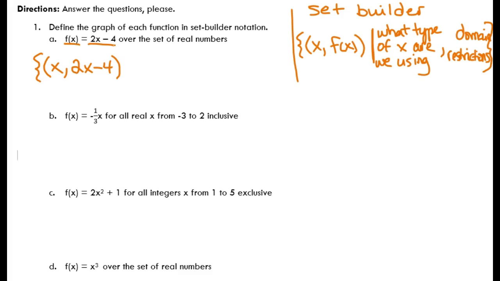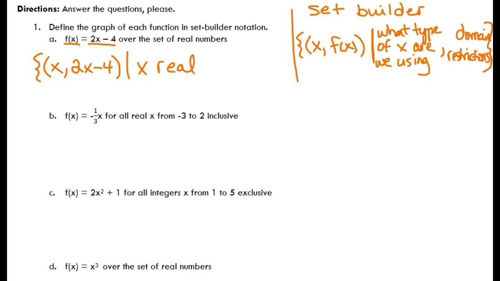And then we put our bar. When you read this in set builder notation, that is read as x gets mapped to 2x minus 4 such that, so you say either such that or where when you see that bar. Where is sometimes nicer. Where x is a real number.